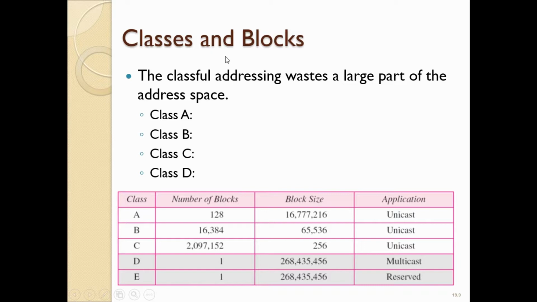In classful addressing, we come across a term called waste. As we can see, if we have an address size of 256 and the number of blocks is around 2 million, we come across wastage of class address space.